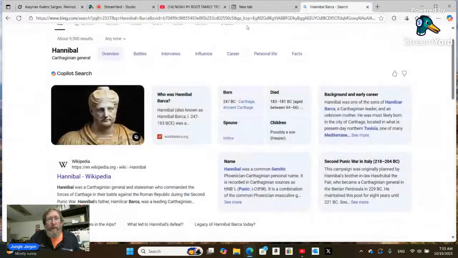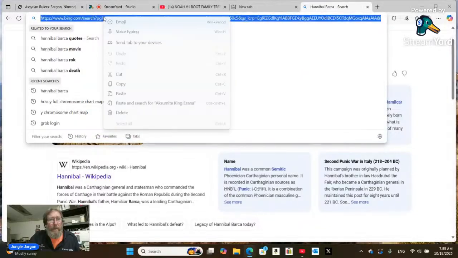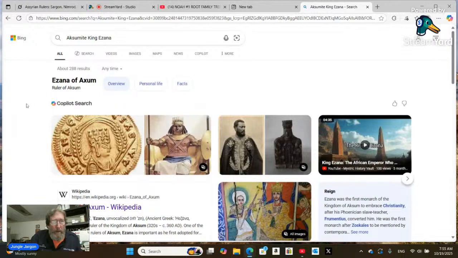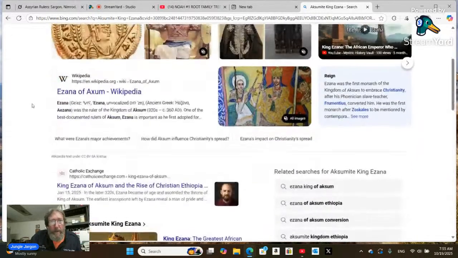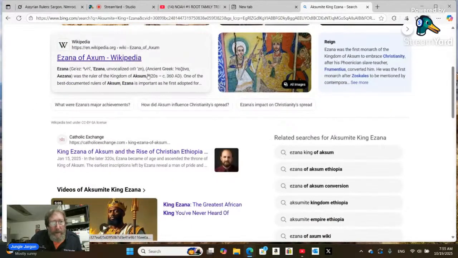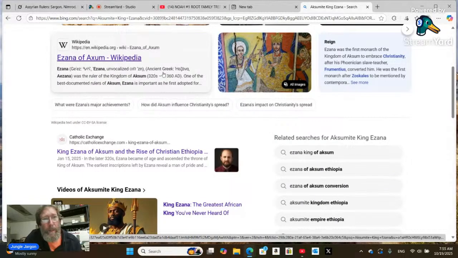So let's go here. Enzana of Aksum. Oh, Izanza, a little bit of dyslexia. Izanza, ancient Greek, was a ruler of the kingdom of Aksum, one of the best documented rulers of Aksum.